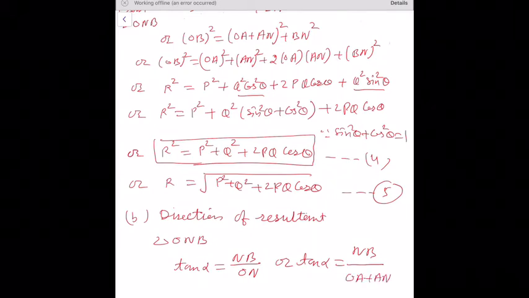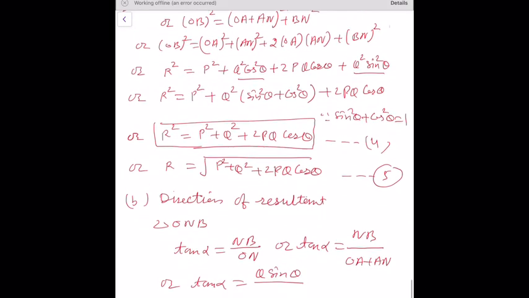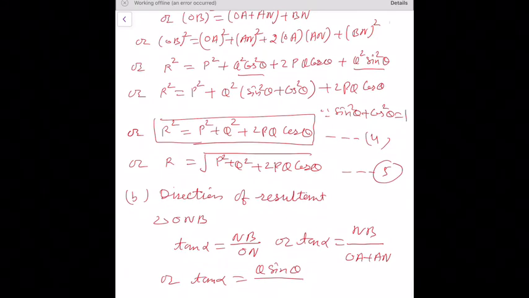We can write OA plus AN, or tan alpha is equal to Q sin theta upon NB from equation 2.